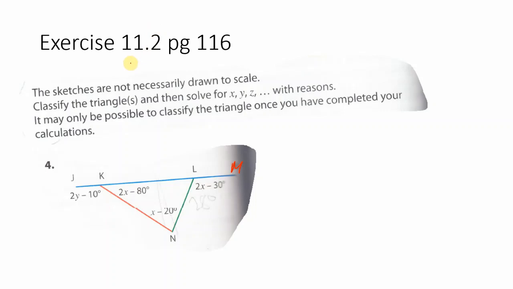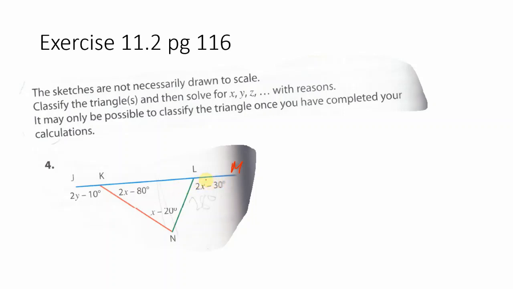Now let's use this to tackle number 4 of exercise 11.2, page 116, where we still have to determine the unknown values and then classify the triangle. So in this particular case, we have an exterior angle and another exterior angle.